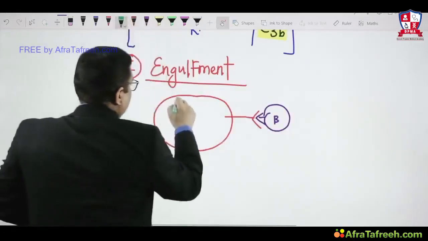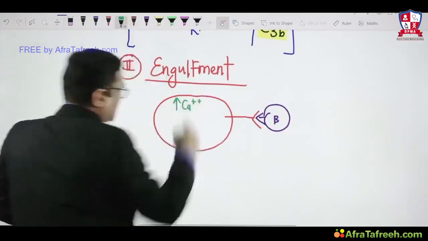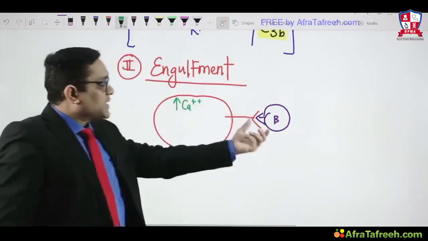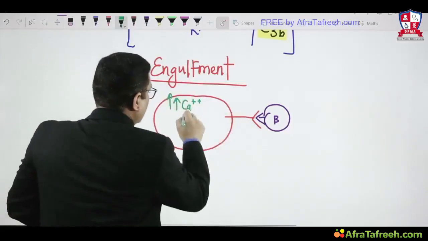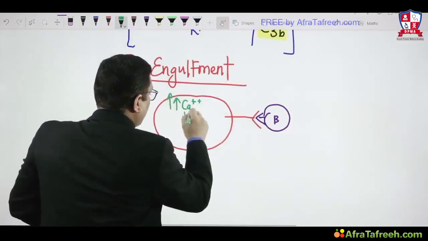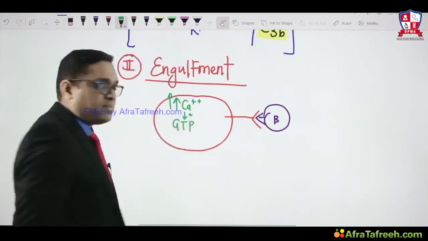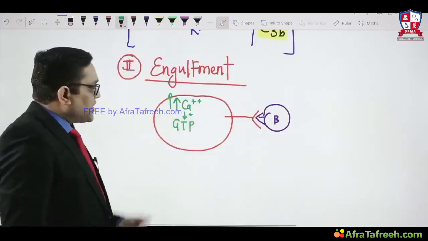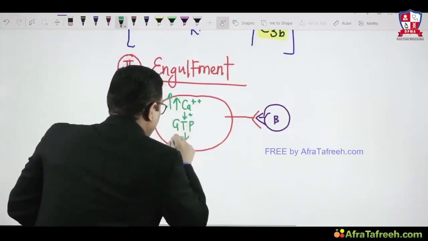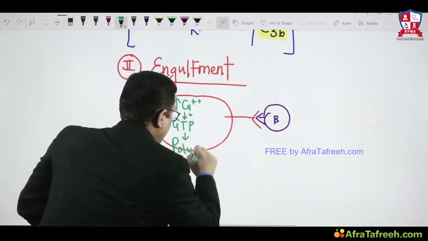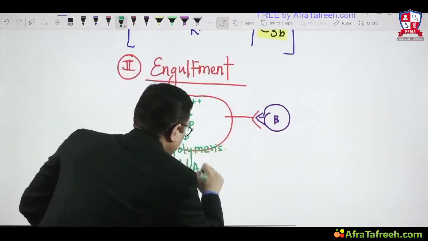There will be an increase in intracellular calcium concentration because of this attachment. This will activate extra guanosine triphosphate. So GTP will be formed with the help of intracellular calcium signals, and this GTP will cause polymerization of actin filament.